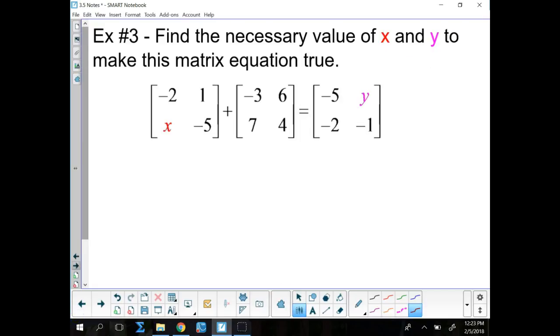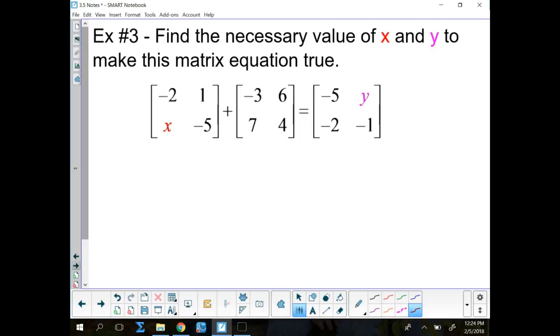One of the, I don't want to say classic type of problems, is this. Find me values of x and y that make that a true statement. So again, the first thing that you need to do is determine dimensions. Dimensions of the first one, 2 by 2.